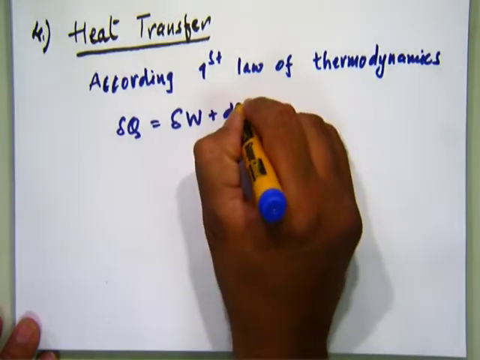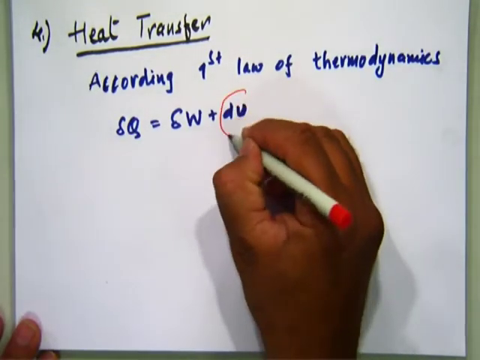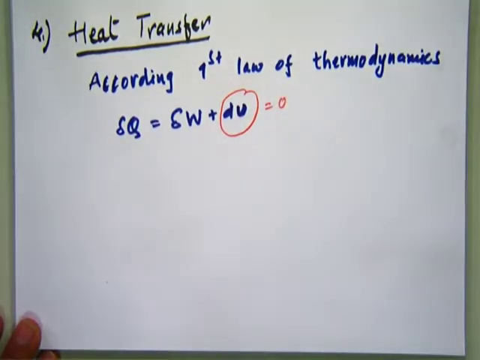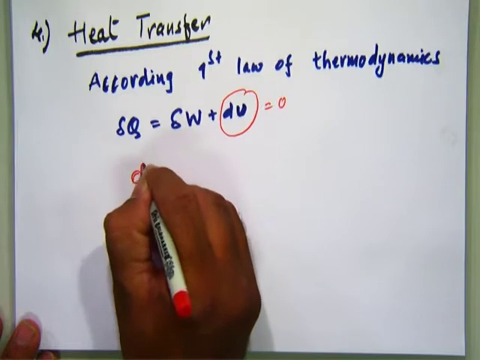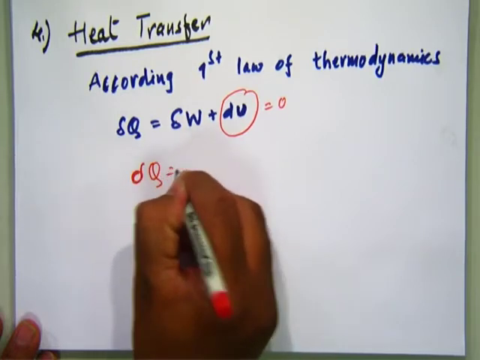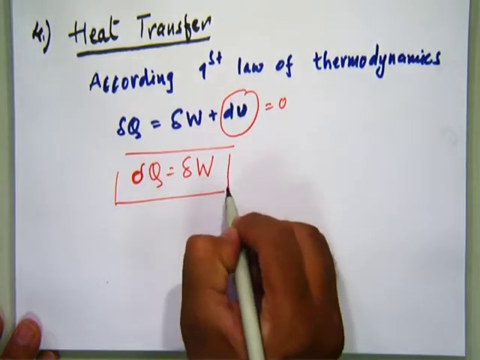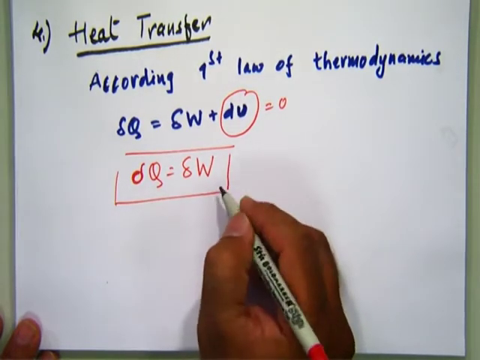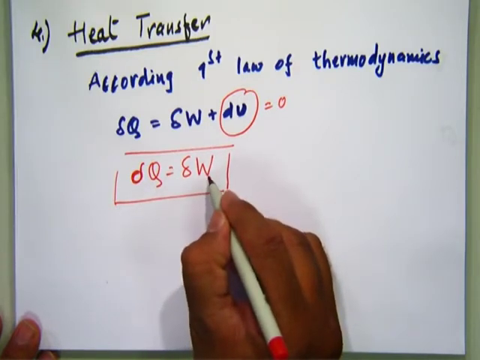Delta W plus du. Now here the du term is 0. Du is equal to 0. So you can say that delta Q is equal to delta W. The heat transfer is nothing but the work done.